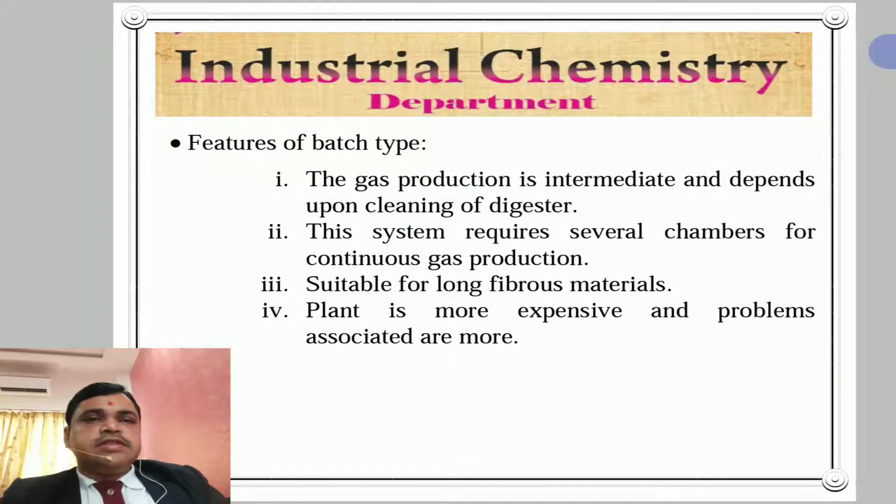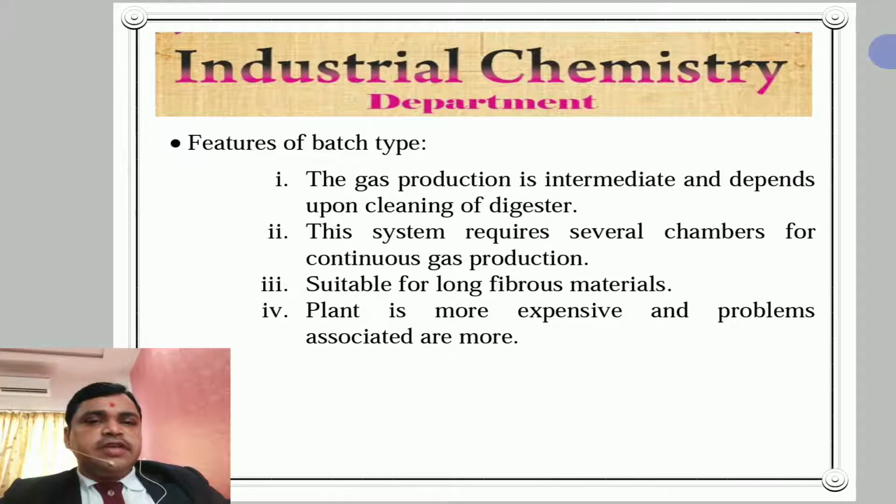Features of batch type biogas plant. Number 1, the gas production is intermittent and depends upon cleaning of the digester. Gas production is step by step. First, material is charged, then the process takes place, that is acidogenic and methanogenic, and then gas is produced.